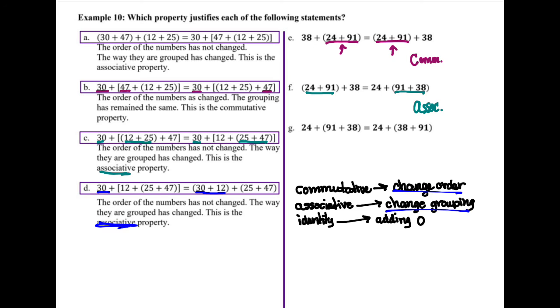And the last one here, 24, 24, 91, 38. Oh, okay, so the order changed, didn't it? So the order changed is the commutative property. And that's the end of this objective, so we'll see you for the next one.